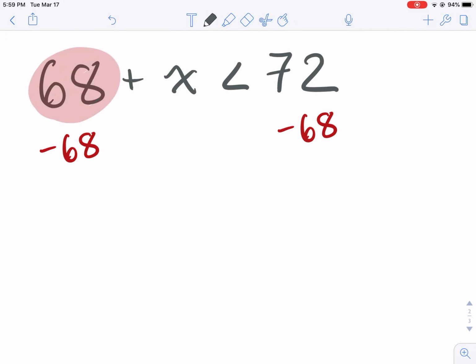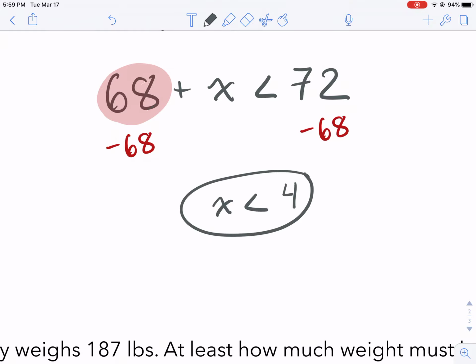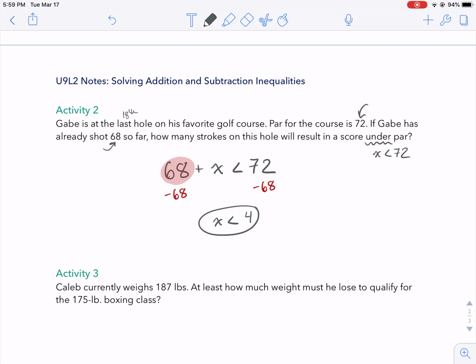The 68s on this left side will cancel out, giving us just an x. x is less than 72 minus 68, which is 4. So Gabe needs to make less than 4 strokes. I think he can do it.